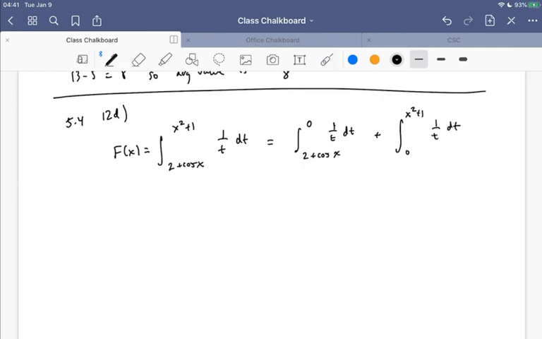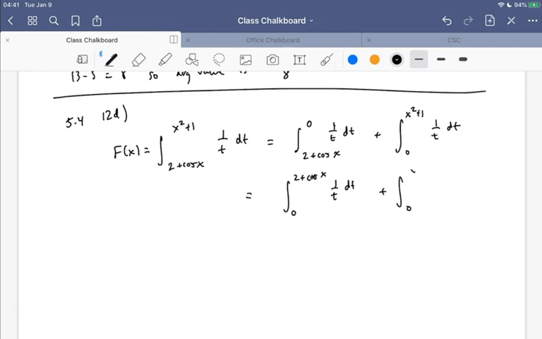The reason I had to split it is because the fundamental theorem requires that one of the bounds, the bottom bound, be a constant. The second integral here, 0 to x squared plus 1, is fine. But the one from 2 plus cos x to 0, I want in that form.